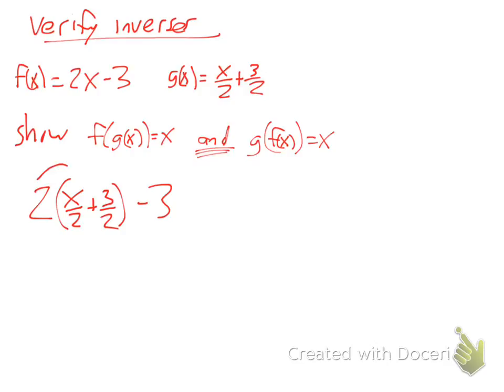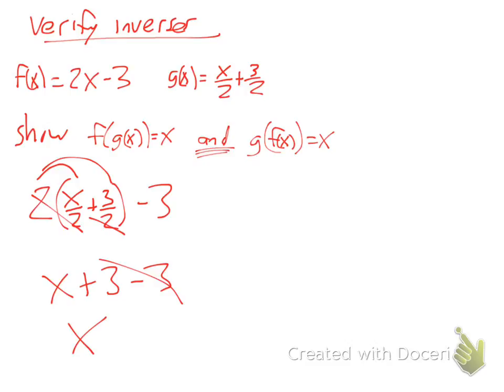I'm going to multiply or distribute in. Guess what's the denominator on all of those? 2. What's going to happen with the 2's? They're going to cancel. So you get x plus 3 minus 3. And those will cancel and you're left with x. The 3 and the negative 3 cancel. Just gives you x, right? Okay, so that worked.